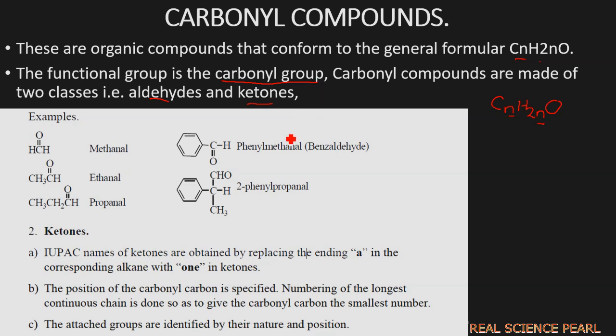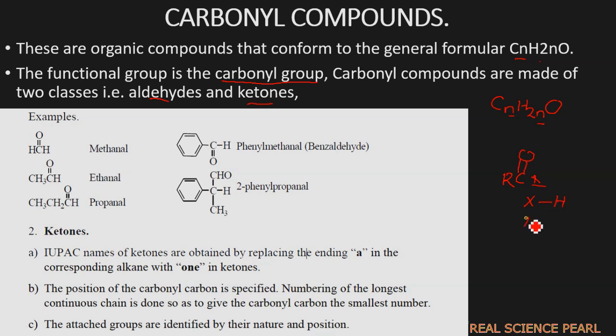Now, since we have talked about this general formula, it means the functional group, which is the carbonyl group, will look like this. We shall have an alkyl group, this carbonyl carbon, and also this R or X. Let me use X, whereby this X can be hydrogen in case it is an aldehyde.